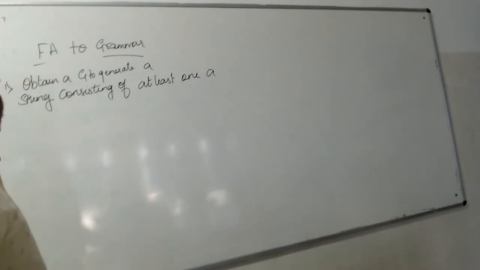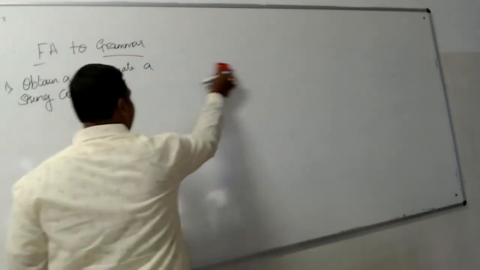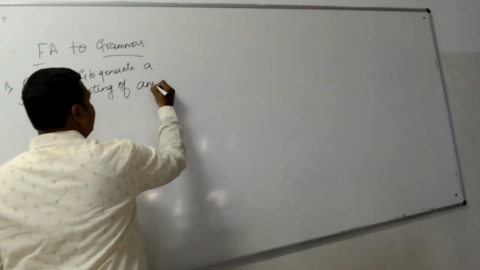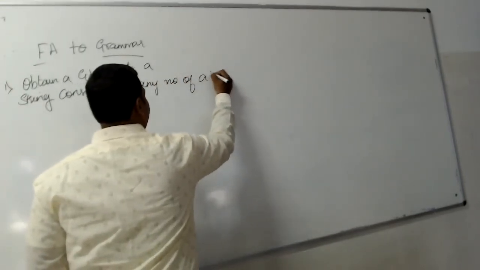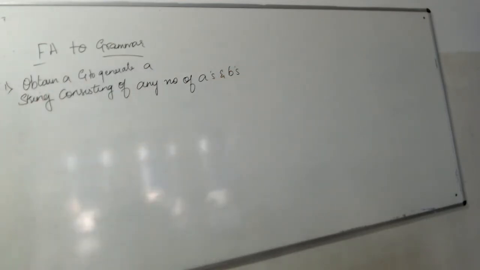So next, obtain a grammar G to generate a string consisting of any number of A's and B's. Any number of A's and B's.